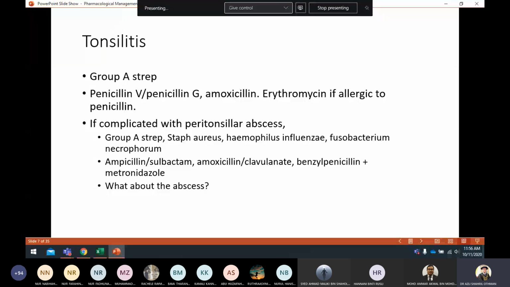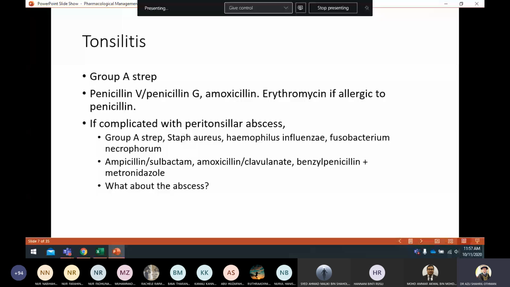Those of you who have recurrent episodes of tonsillitis may want to consider having your tonsils removed. I also suffer from tonsillitis from time to time, but I haven't had my tonsils removed because I'm afraid to go under the knife.